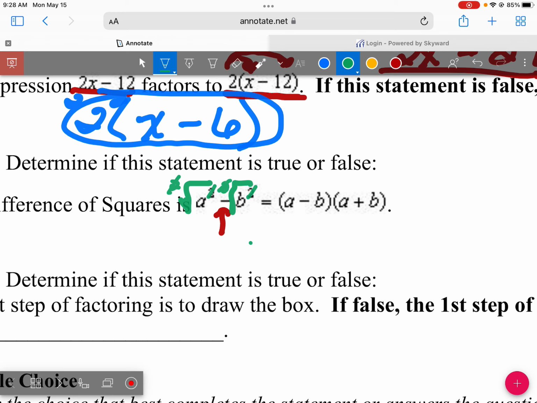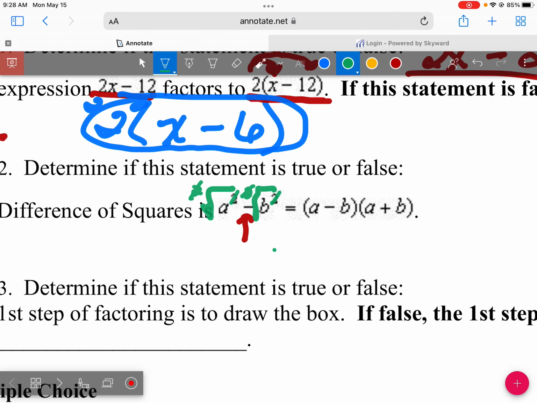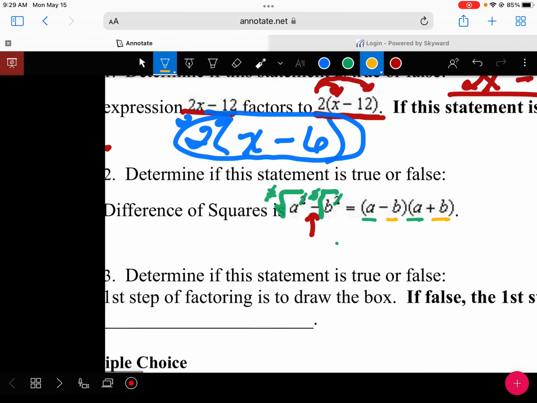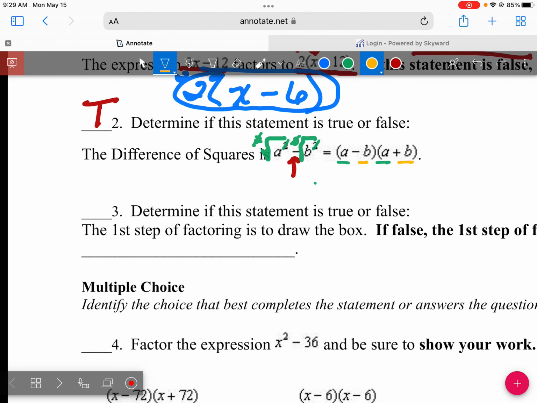So I'm left with just a minus b times the quantity a plus b. Because this was your a squared minus b squared, and when you take the square root, the a's go here, which is the square root of whatever you have, and the b's go here. So that is true. All right, let's go to number 3.